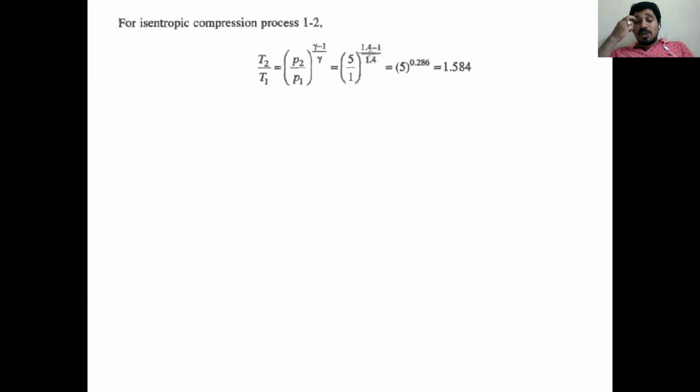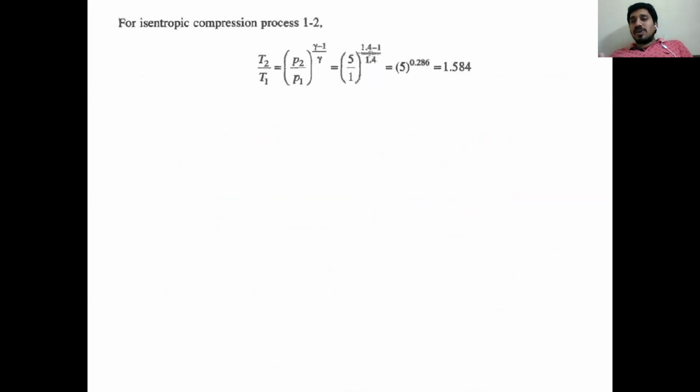From the isentropic process 1-2, the relation between temperatures and pressures is like the previous problem, but in the previous problem I wrote n, and in this problem I write gamma. T2 by T1 is equal to P2 by P1 to the power gamma minus 1 by gamma.